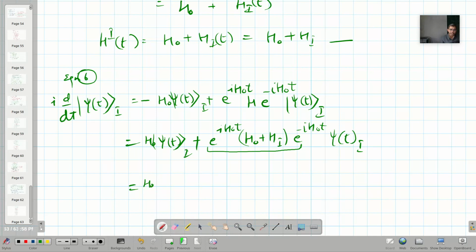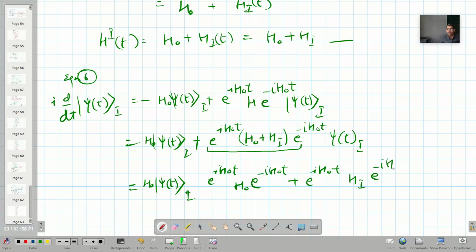So it is h naught psi t I, it is e raised to power iota h naught t into h naught e raised to power minus iota h naught t plus e raised to power iota h naught t h I e raised to power minus iota h naught t and psi t I, right?